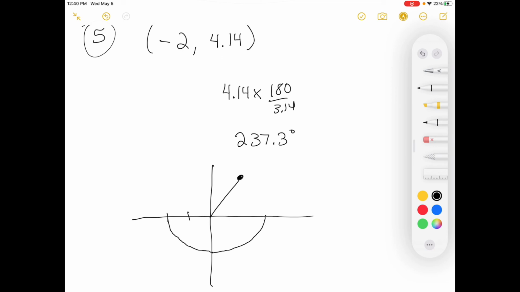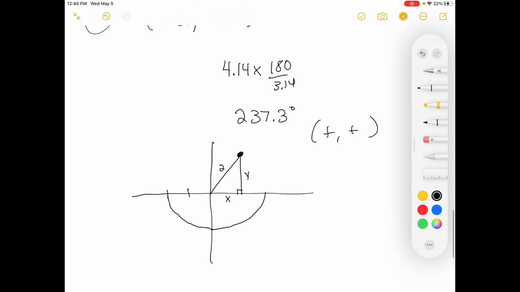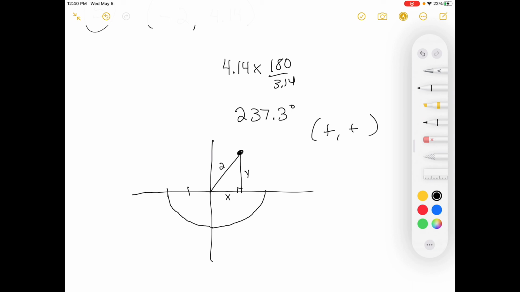Now let's figure out my y and my x. My radius we know is 2, and my answer is going to be a positive something.